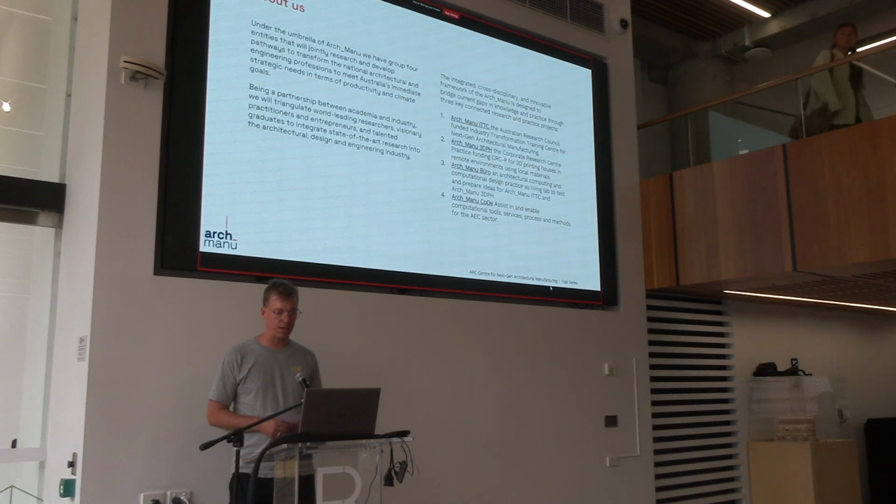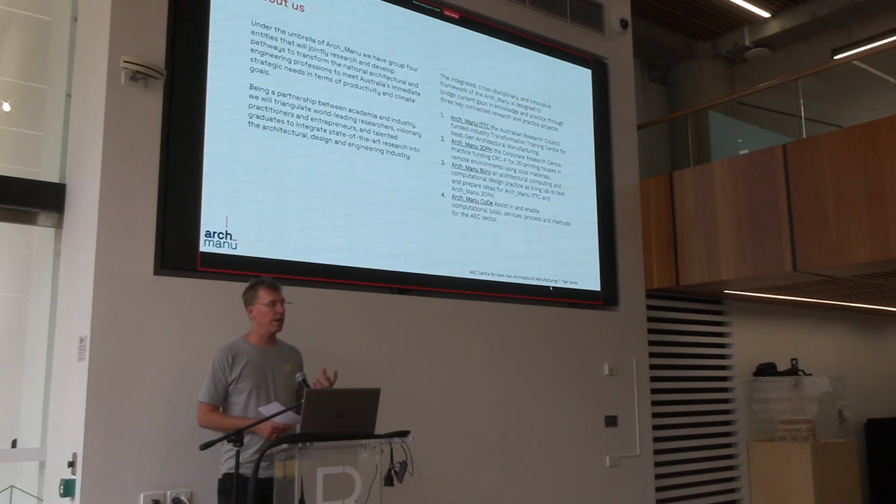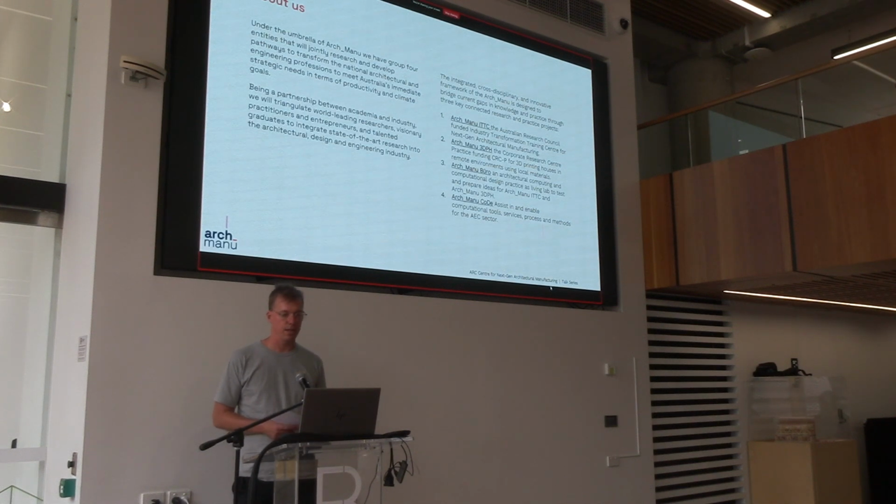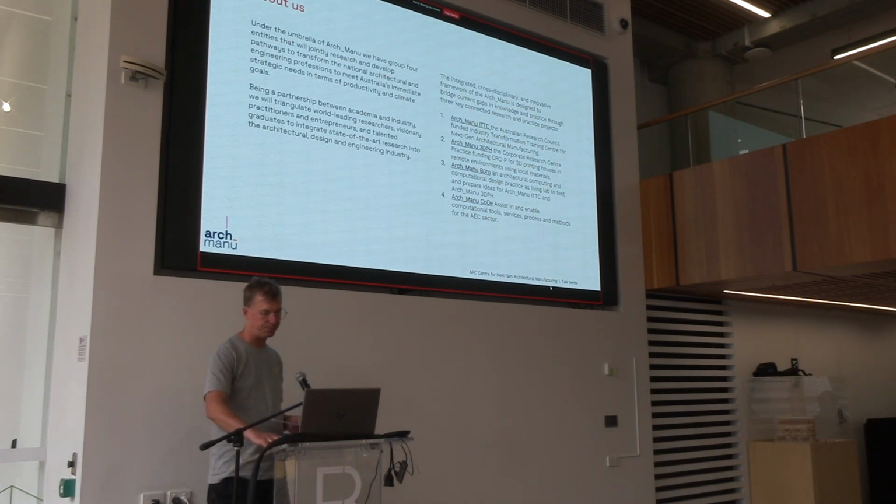Again, staff and colleagues are here. And we have a little architecture computing bureau, where we design prototypes and build buildings from a smaller scale to a bigger scale, ranging from bioshelter and artificial reef to installations that we do in our office. And then largely Arch Menu Code, where we write software tools for the AEC industry as well.